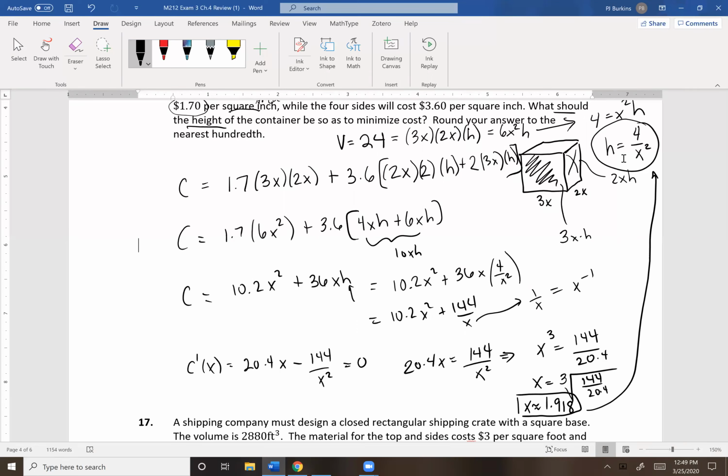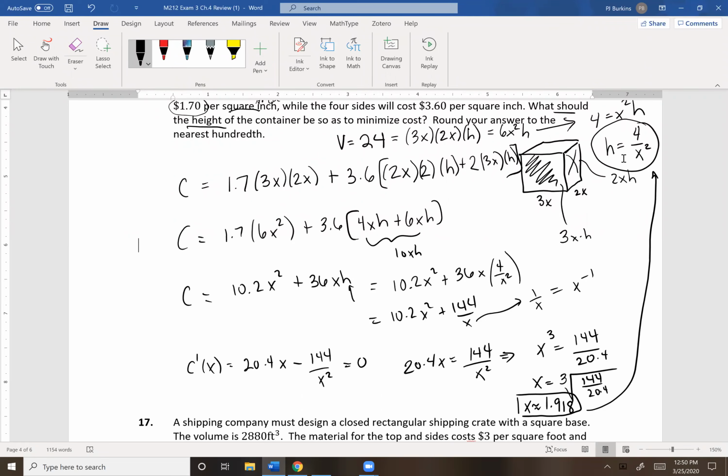1.918 squared. 4 divided by that number. So I did truncate. I got 1.087. Yeah, that's what I got too. The answer is 1.73. So that could be because of the truncation.